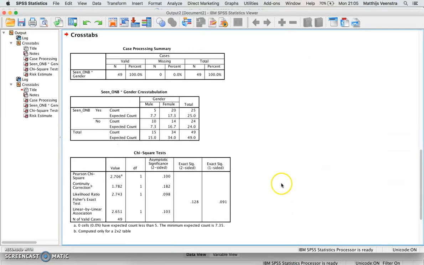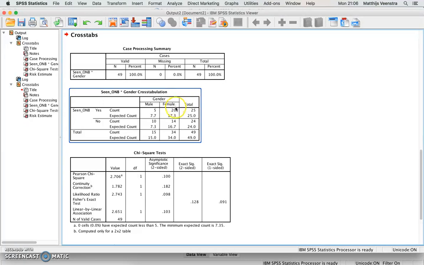Okay, we get this output. Over here we can see in total there were 49 participants. Here we see the cross tabulation, so 5 males indicated that they've seen Orange is the New Black and 20 females. For no, 10 males and 14 females.